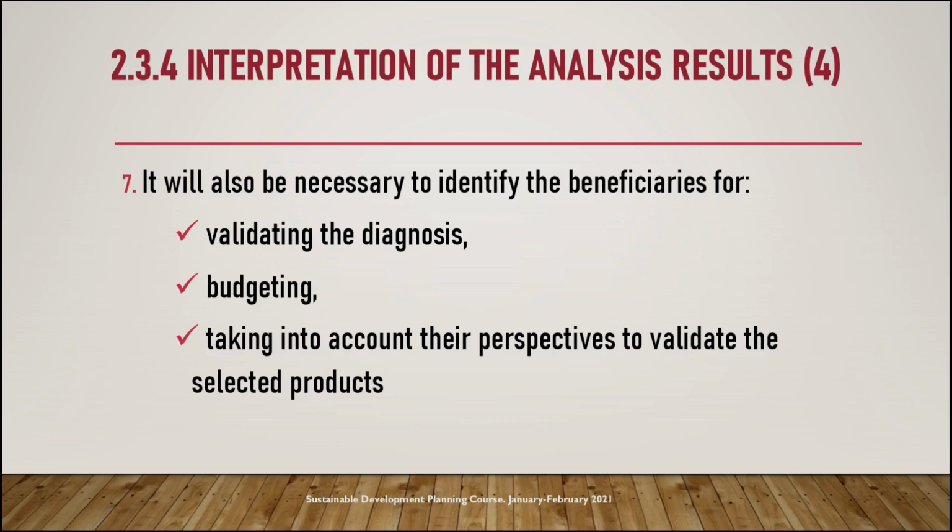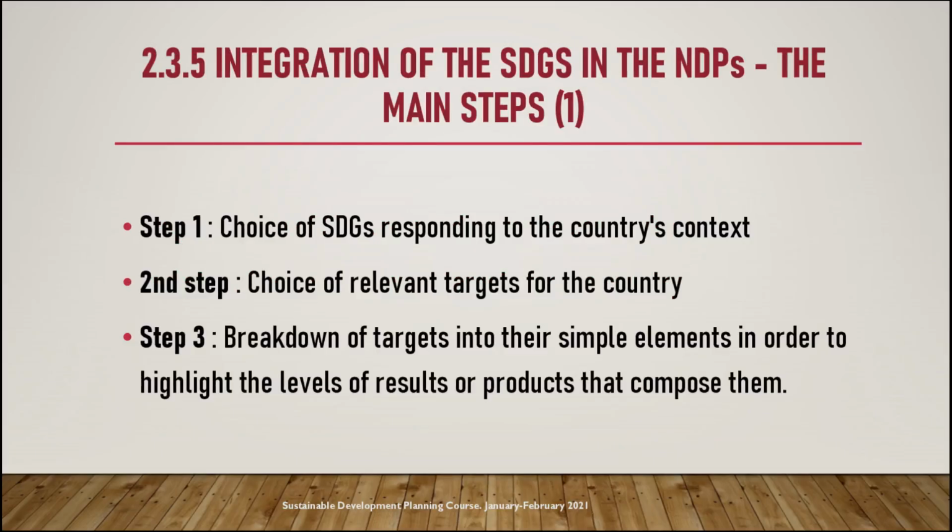And finally, for the following slides, we have just translated what we have done into steps. So to mainstream the SDGs in the programmatic framework, plans, strategies, policies, the first thing is to choose the SDGs that respond to the country context.